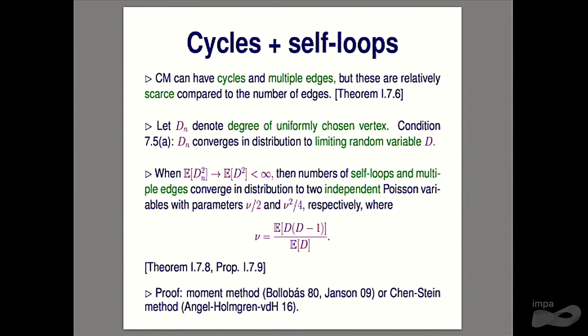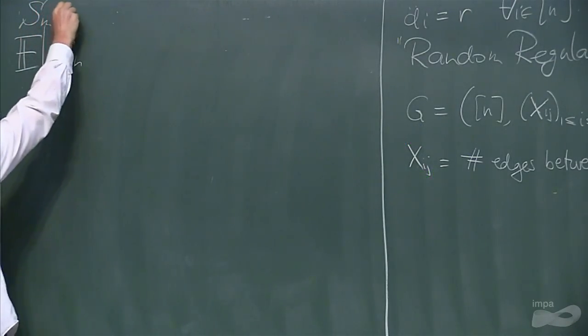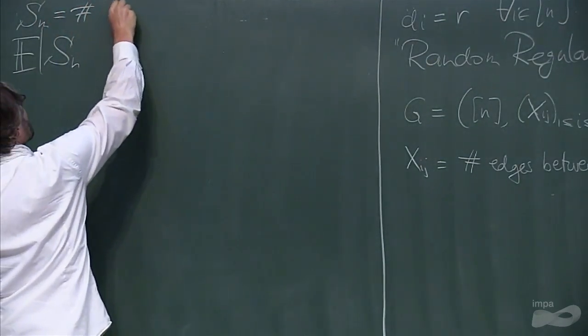Let's do a very simple arithmetic for counting the expected number of self-loops. Sn is the number of self-loops.